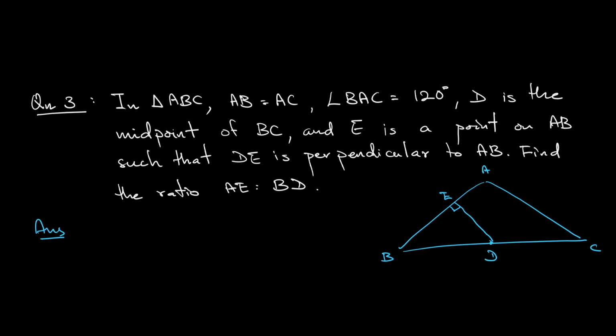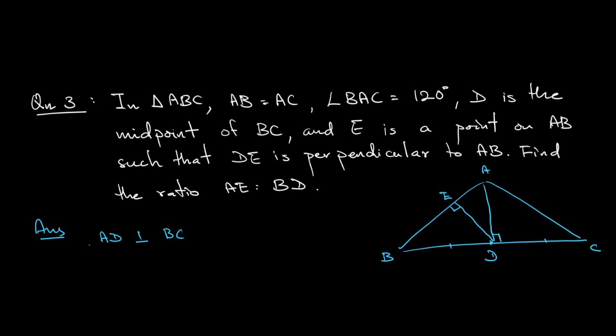Okay, so how to solve this question? So like I already said just now, it is given that AB is equal to AC, so that means that triangle ABC is isosceles. D is given that it is the midpoint of BC. So first thing first, we can infer that AD is perpendicular to BC. Alright, so that is the height.